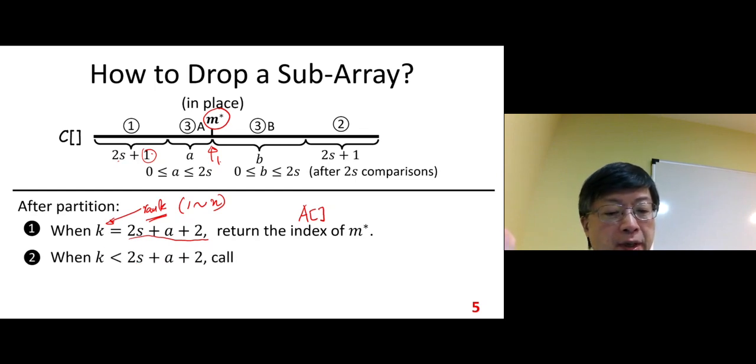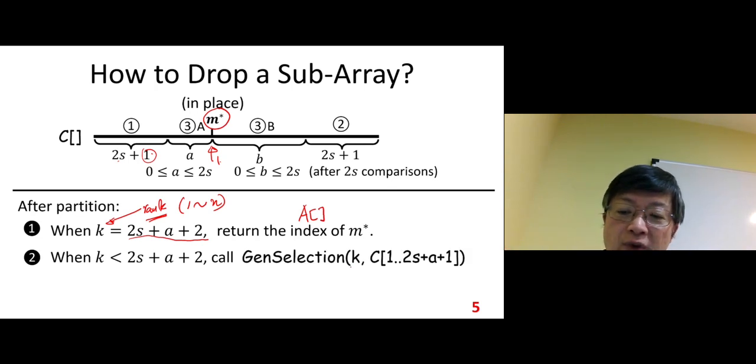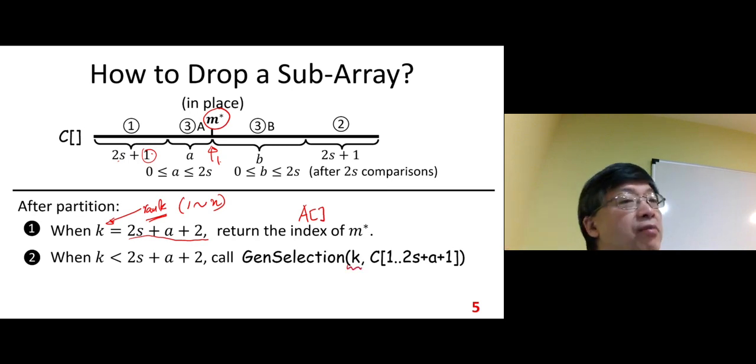Case 2, k less than 2s plus a plus 2. This time we call the recursive function, generalized selection of k. We still use the same rank number k, but our data is different.